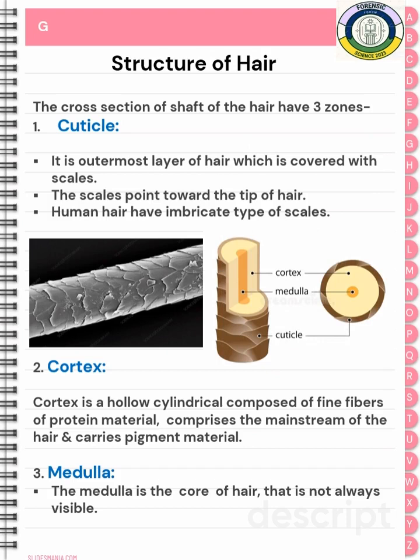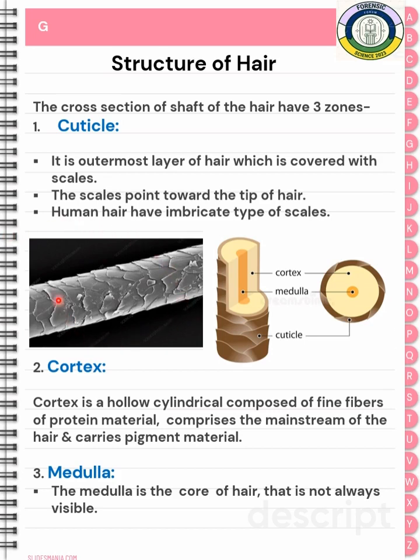Structure of the hair. The cross section of the hair shaft shows three zones: cuticle, cortex, and medulla. The cuticle is the outermost layer of the hair, covered with scales, and the scales point toward the tip of the hair. Humans have the imbricate type of scale pattern.